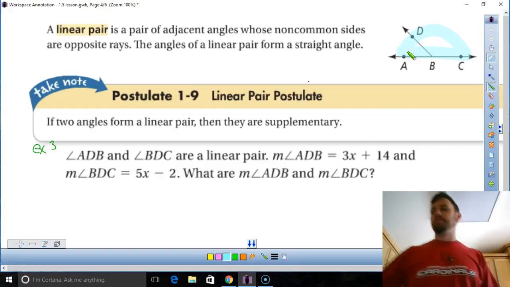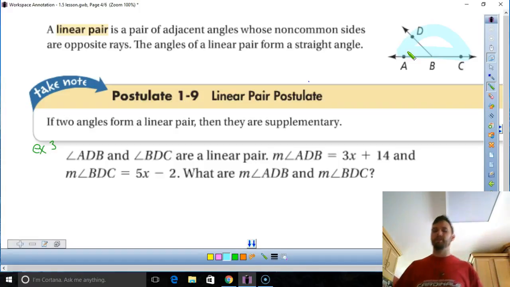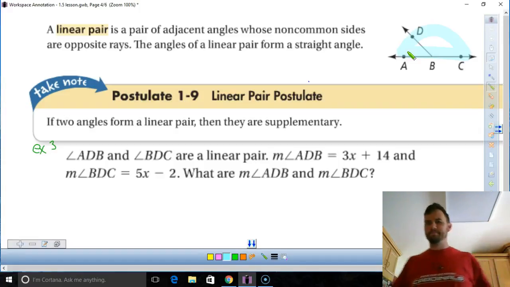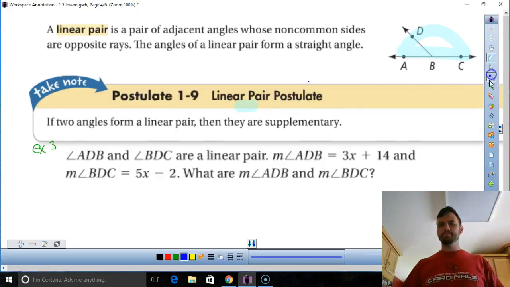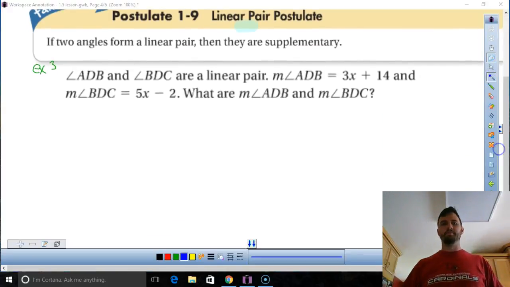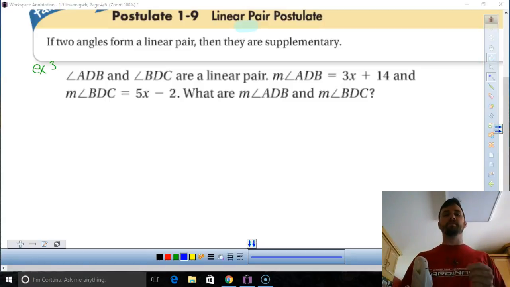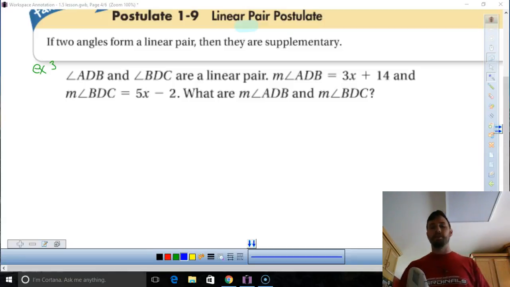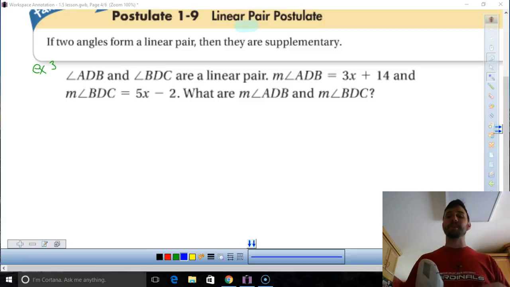So let's go and try example 3. Grab my writing device again. Alright, so we have angles ADB and BDC are a linear pair. We need to find each angle and we have to solve for x. Whenever you see something like this, you gotta solve for x before you find the angles, because you need something to plug in to give you the angle measure.